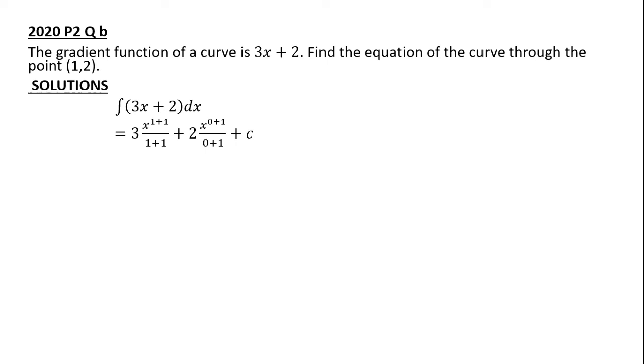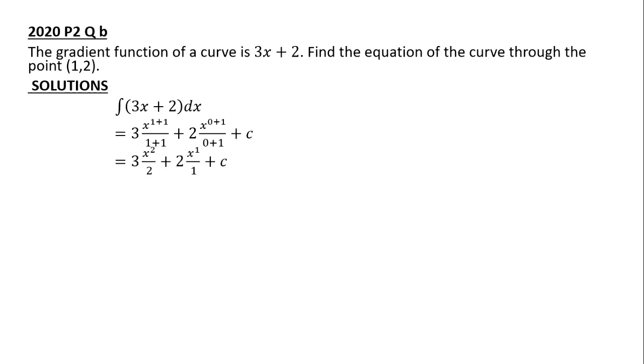So we are going to say the integral of 3x plus 2 dx is the same as 3x to the power 1 plus 1 over 1 plus 1 plus 2x to the power 0 plus 1 over 0 plus 1 plus our constant c.